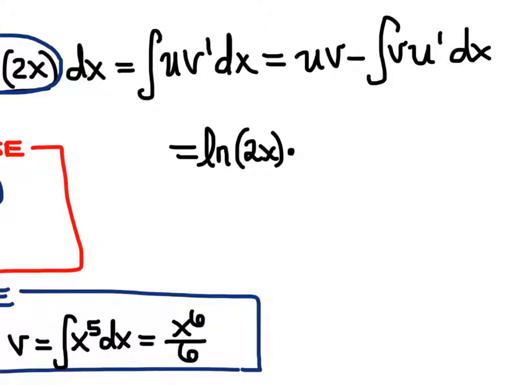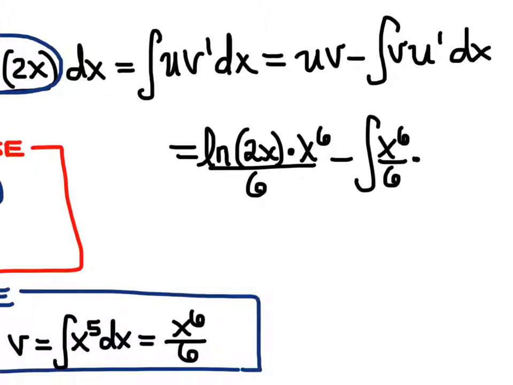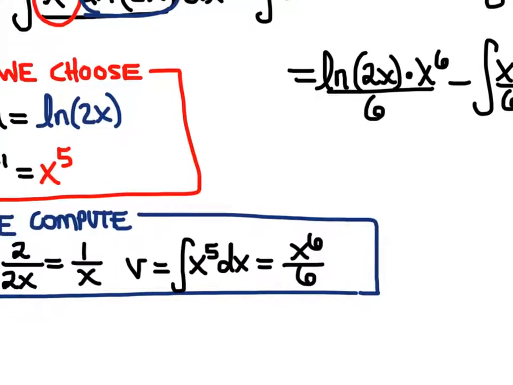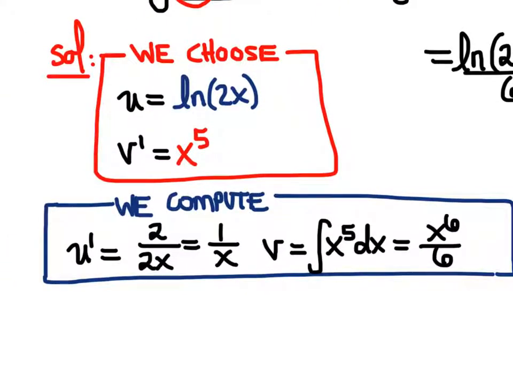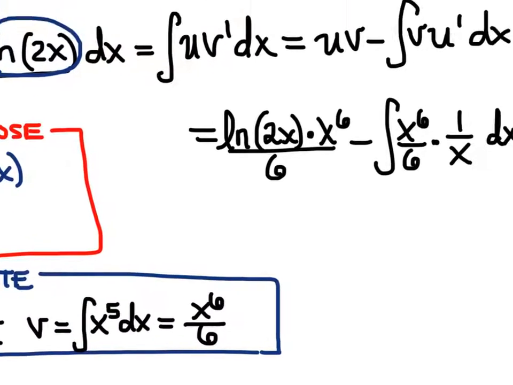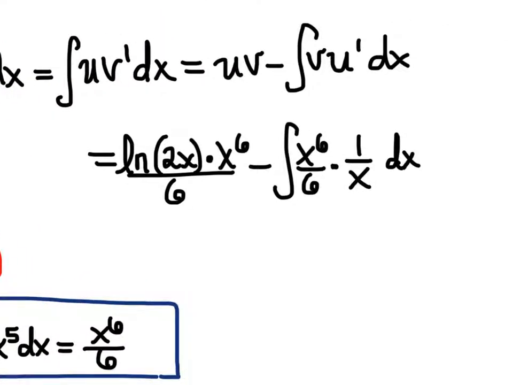Then we multiply that by v, which is x to the sixth over 6. And we're going to subtract the integral of v, which is x to the sixth over 6, times u prime, which is 1 over x, all with respect to x. And again, all I'm doing here is using the four things we know. We have u, v prime, u prime, and v, and I'm using those to fill out our equation for integration by parts.